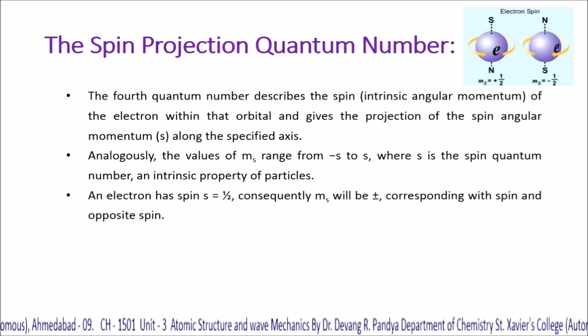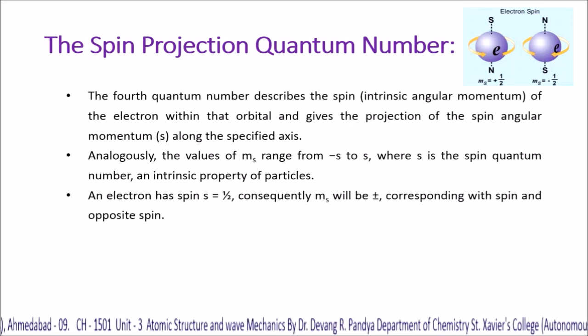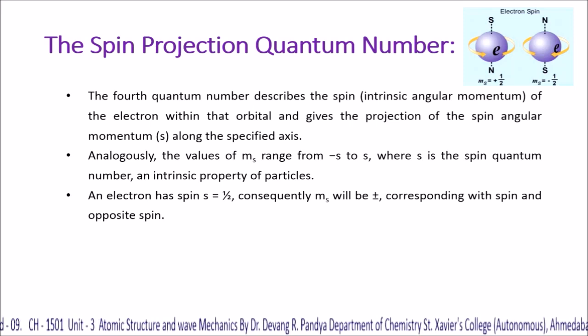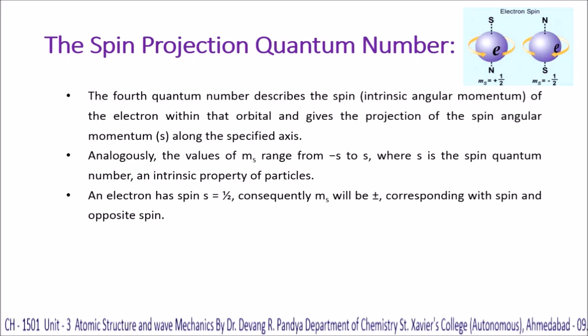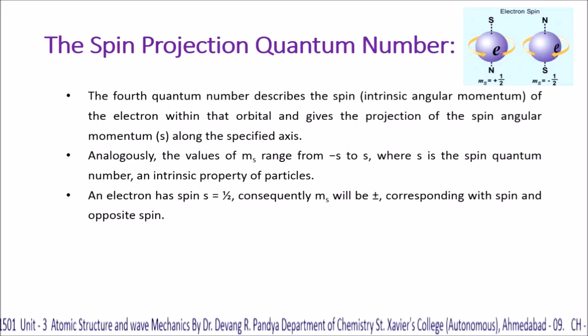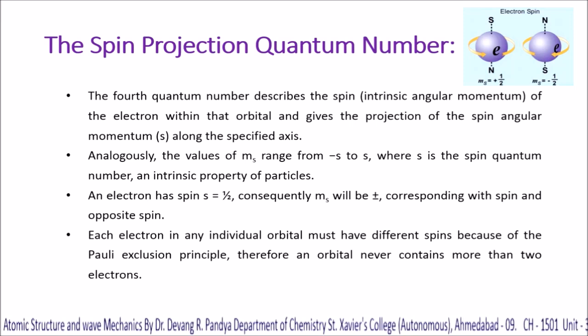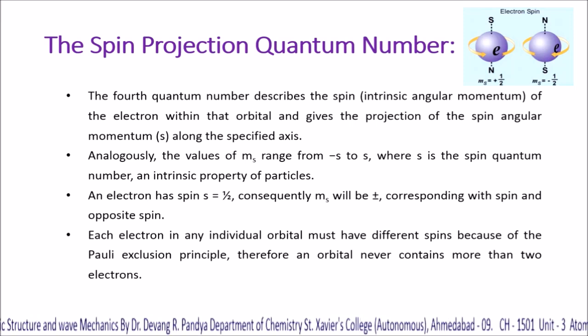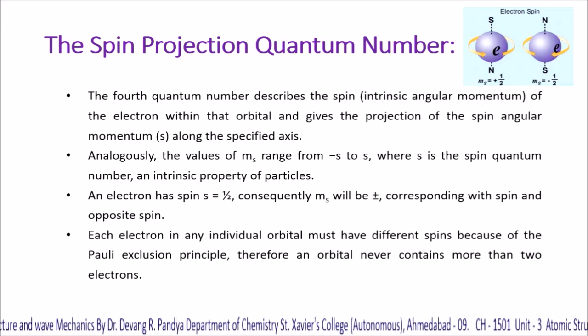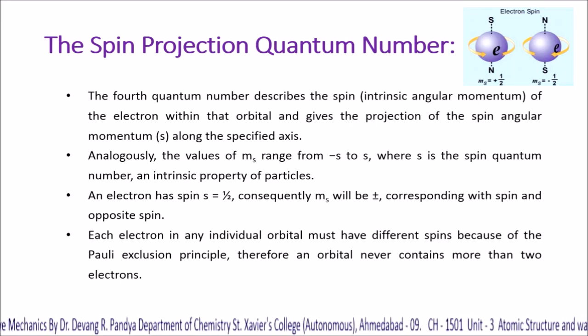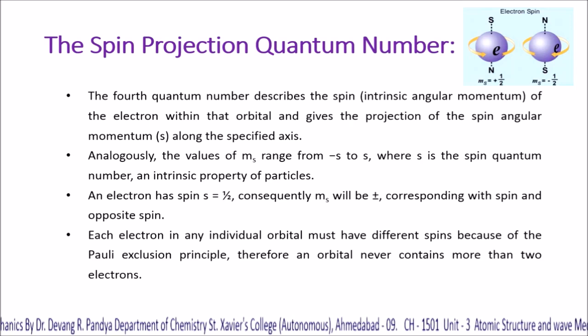An electron has a spin S equal to 1/2, that is half. Consequently, m subscript S will be plus or minus half, corresponding with the spin and opposite spin. Each electron in any individual orbital must have a different spin because of the Pauli exclusion principle. Therefore, an orbital never contains more than 2 electrons in one subshell.